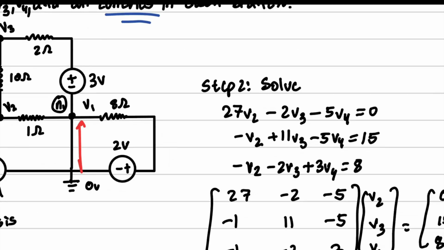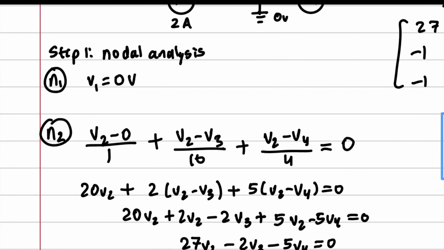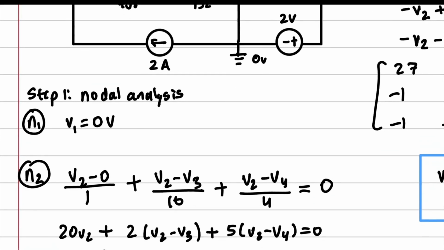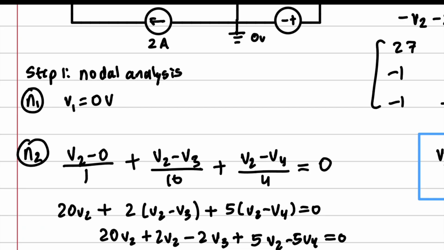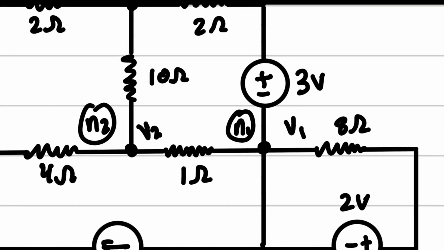Now, what I like to do here is go to each node's nodal equation and basically label them. So we're going to go here and call this one I1.